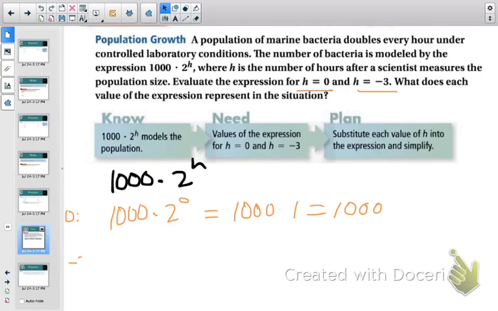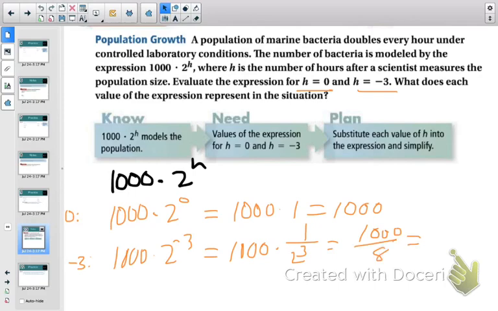And then for negative 3, we get 1000 times 2 to the negative 3. And remember, 2 to the negative 3 is the same as 1 over 2 to the positive 3, which is just 1/8. So we get 1000 over 8. What's 1000 divided by 8? 500 divided by 4. 125.